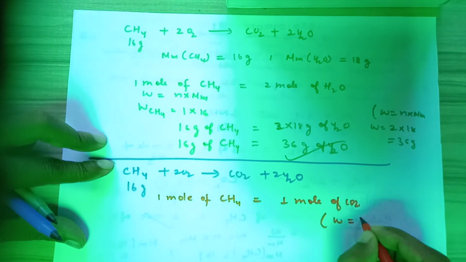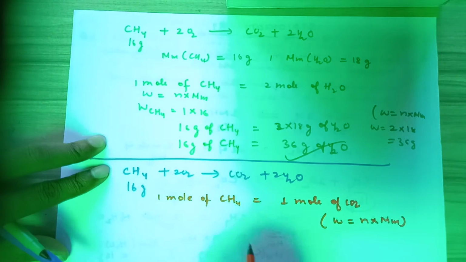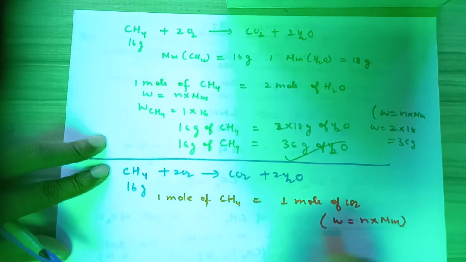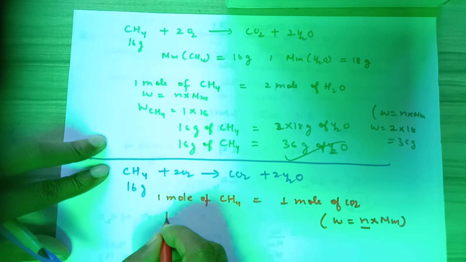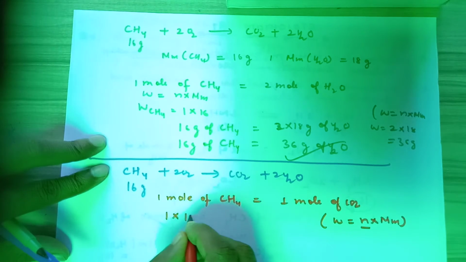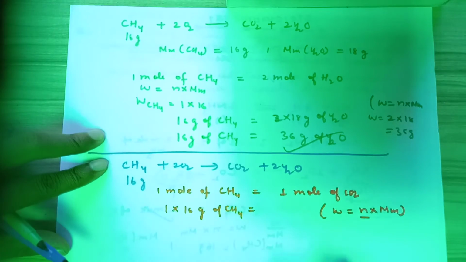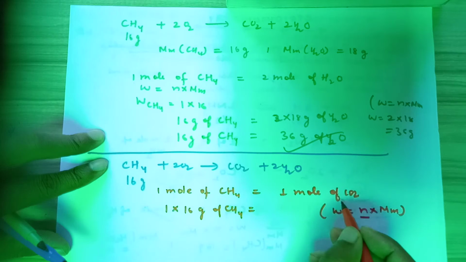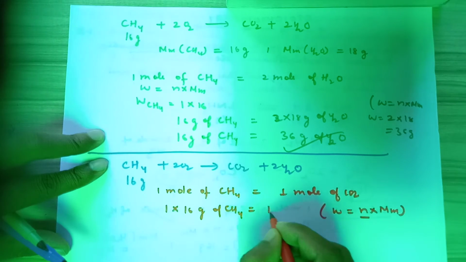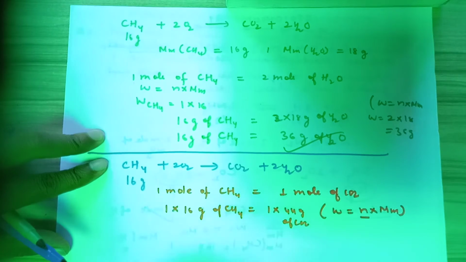So use W is equals to N into mm. Here N is number of moles, which is 1, and molar mass of CH4 is 16, so 16 gram of CH4 will give us, using the same concept on this side, 1 into 44 gram of CO2.